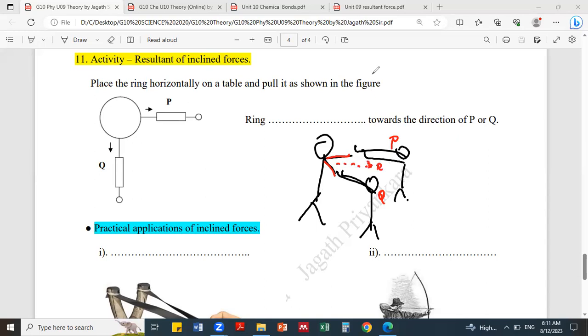That is R. So you will move in a direction not towards P, not towards Q, but in the direction in between P and Q. That is called the resultant. Is that clear? Not towards Q, not towards P, it's in between.